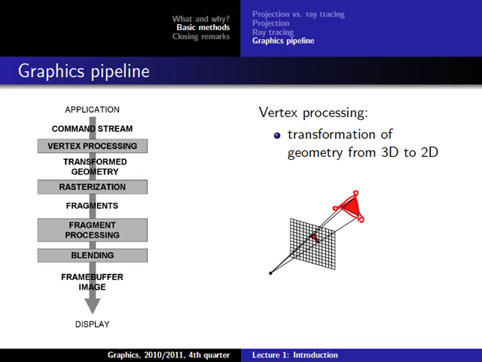Another thing that is done is a process called clipping. So for example, if we look at the screen, we can only see a small part of our virtual world, of course. That is defined here by the size of the screen.